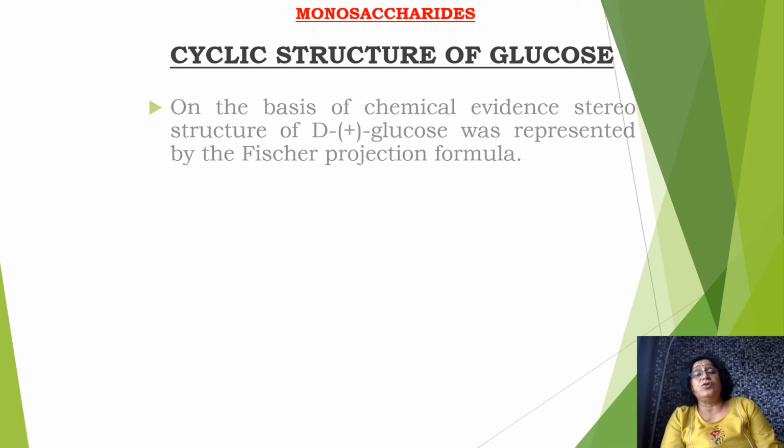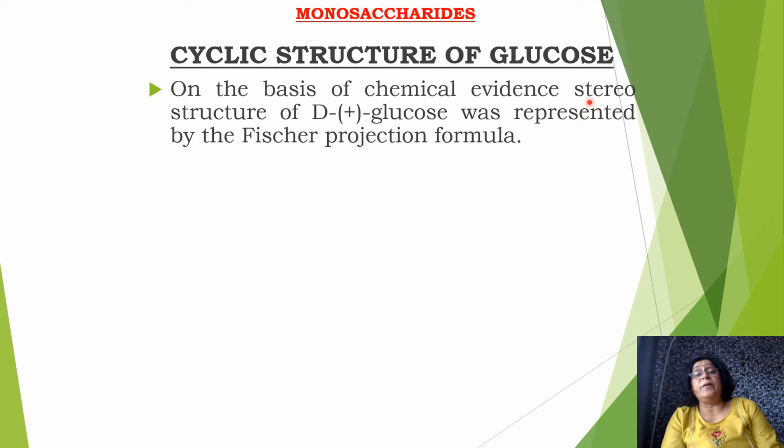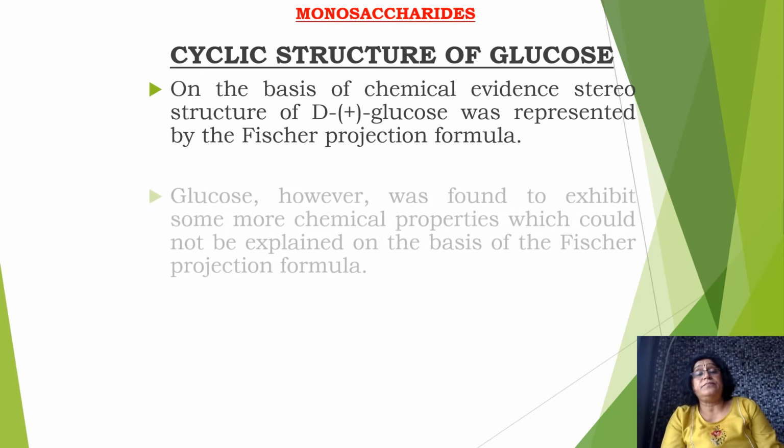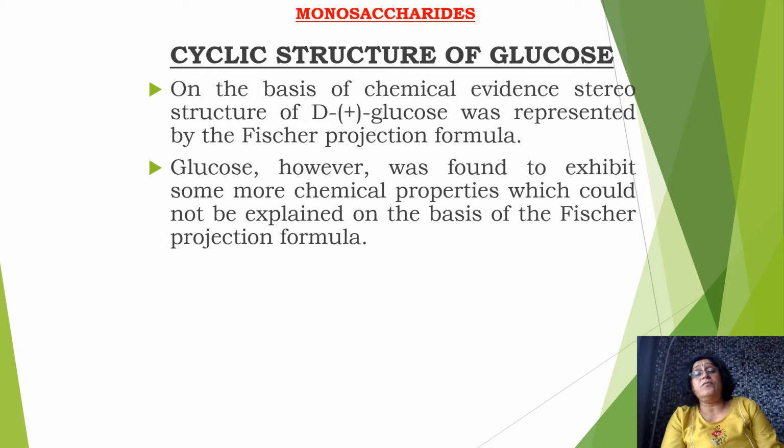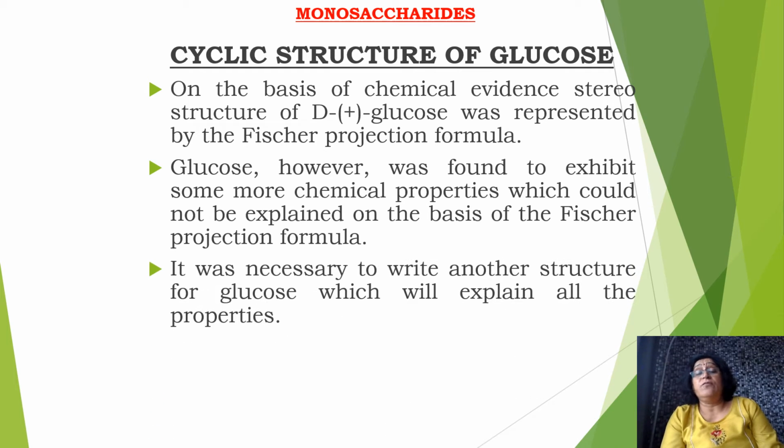Now, the cyclic structure of glucose. On the basis of chemical evidence, the stereostructure of D plus glucose was represented by the Fischer projection formula. Glucose, however, was found to exhibit some more chemical properties which could not be explained by using the Fischer projection formula.